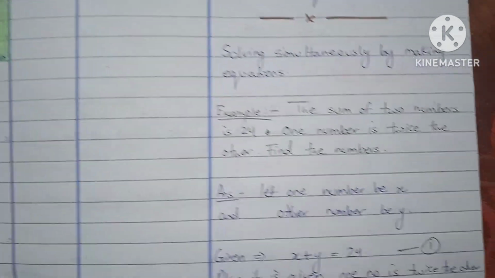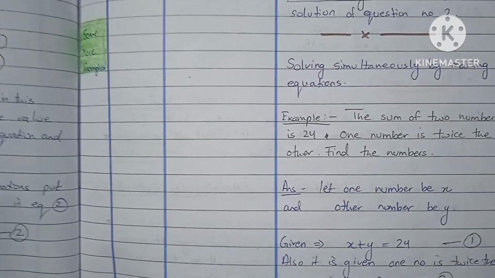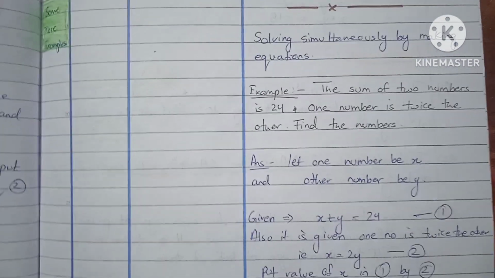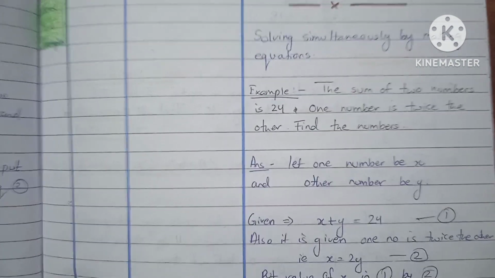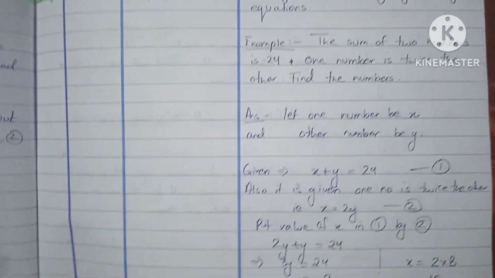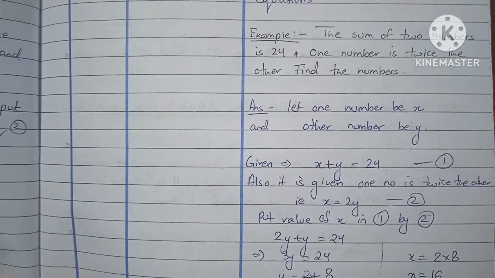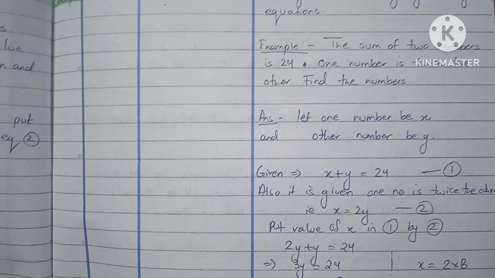Now teacher explains to solve some other simultaneous equations which are basically in the form of questions. Like over here the question is the sum of two numbers is 24. One number is twice the other. Find the numbers. So she assumes that let one number be x and the other be y. It is given that x plus y is equal to 24.